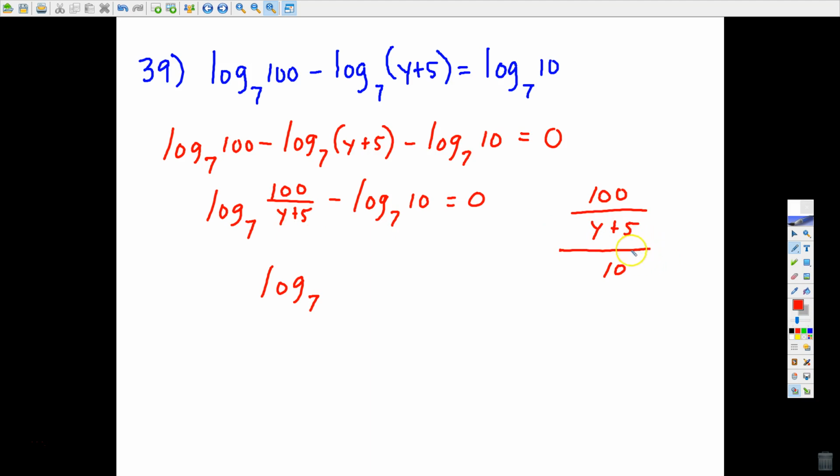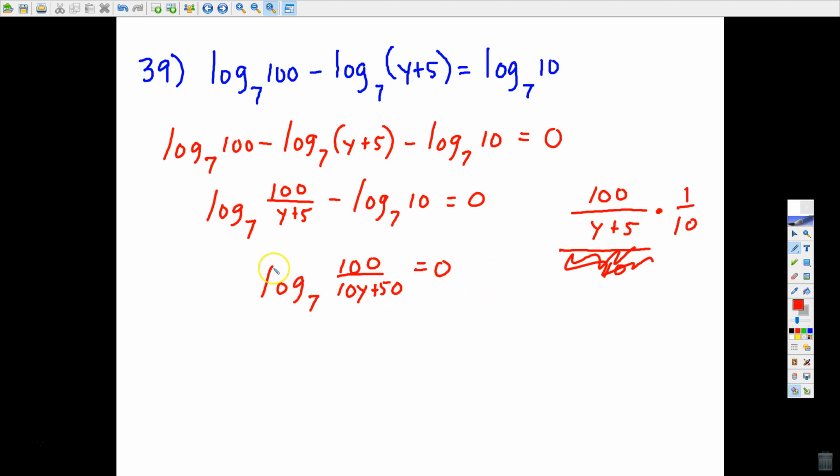It's a complex fraction. So dividing by 10 means to multiply by the inverse of 10, which is 1/10. And that's going to give us 100 over 10y plus 50, distributive property, equals 0.